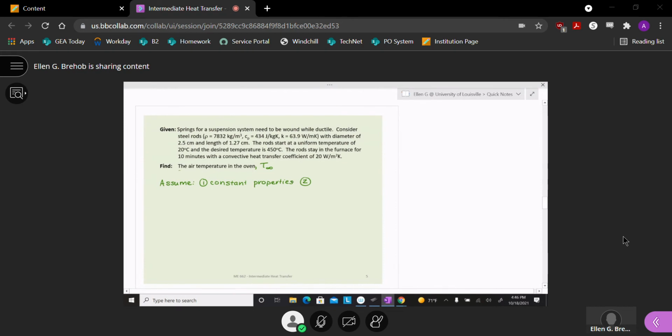We assume constant properties. We're ignoring any radiation. So this is in air, and I would say ignoring radiation in an airstream. We might want to think about that, but we're going to make that assumption here.